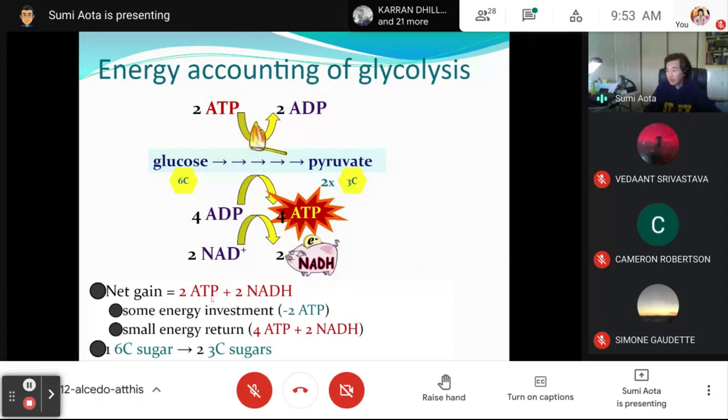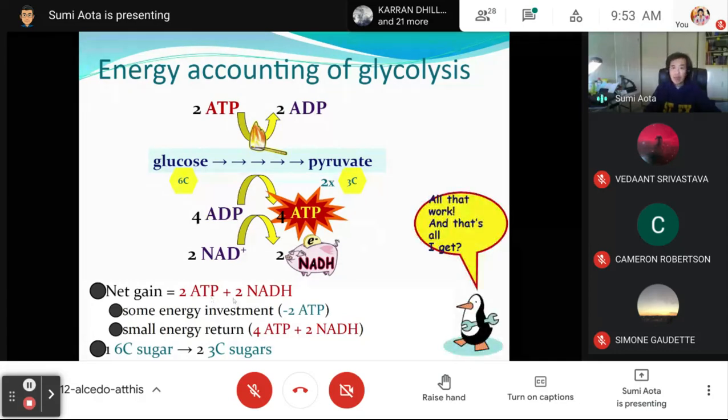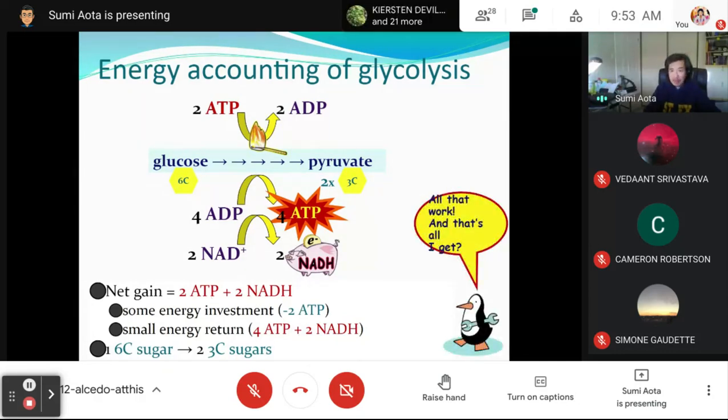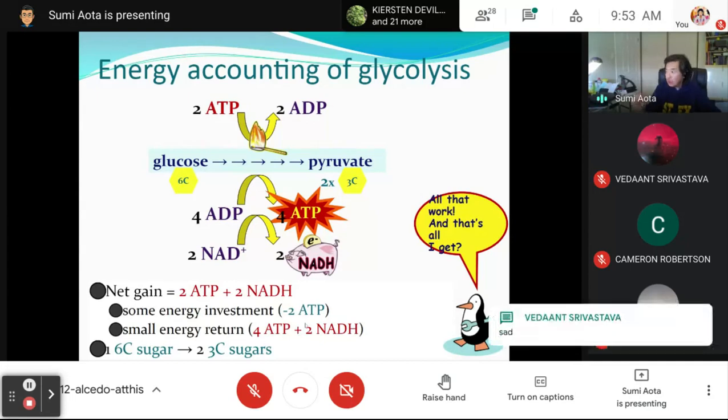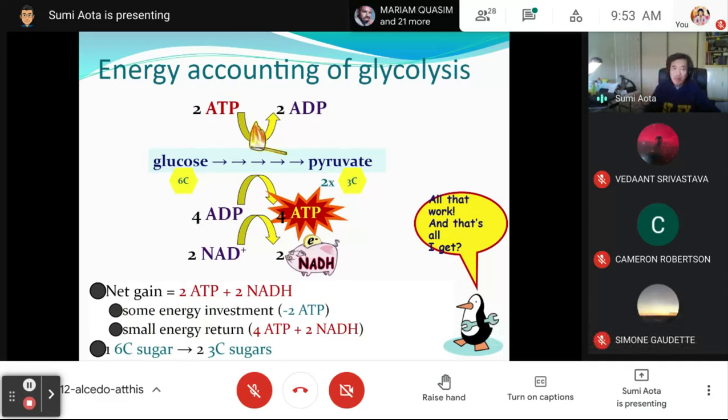But as I said, this is inefficient. All of that, and that's all you get. About 2.2% of the energy. If that's the case, where's the rest of the energy that was originally in that glucose? Where's it sitting? Because obviously 98% of the energy didn't turn into heat.